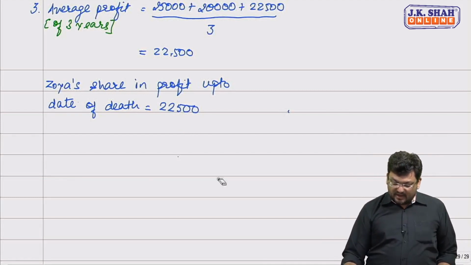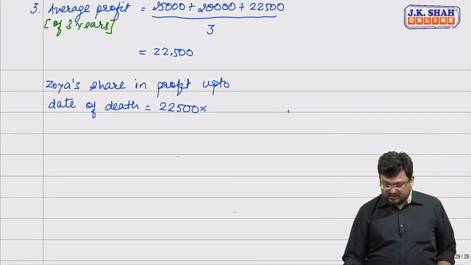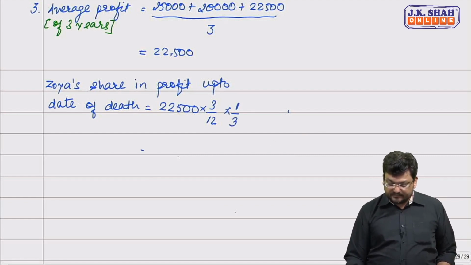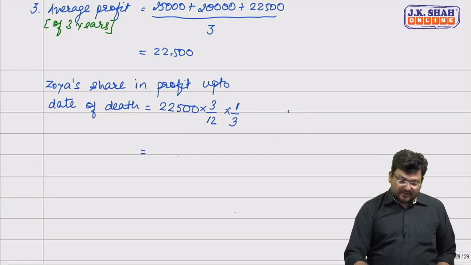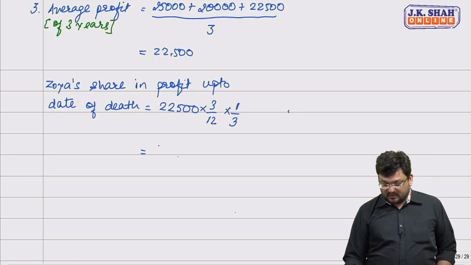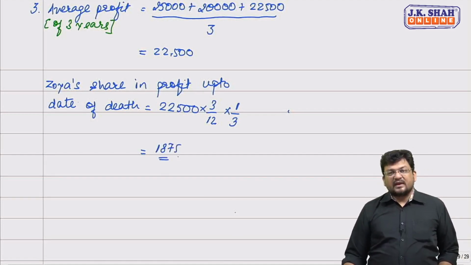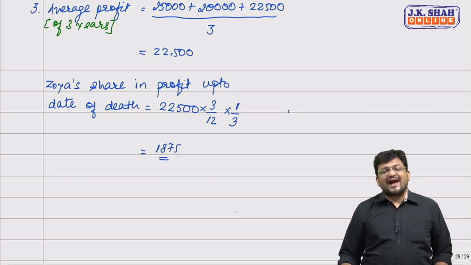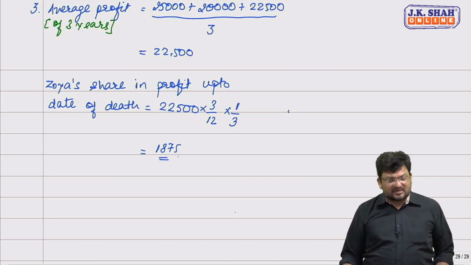Partner Zoya died after 3 months. So we need to firstly calculate what will be profit of 3 months. And in that profit of 3 months, Zoya's share is 1/3. So 22,500 into 3 by 12 divided by 3, 1875.